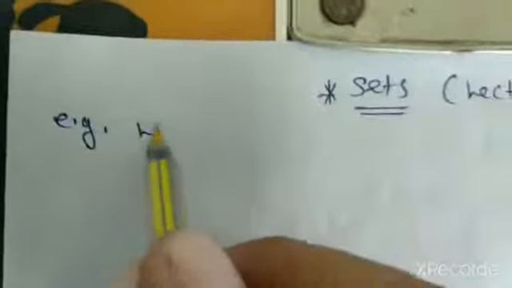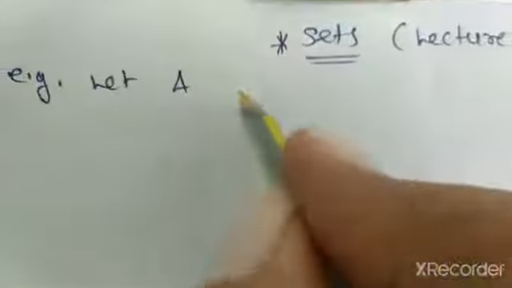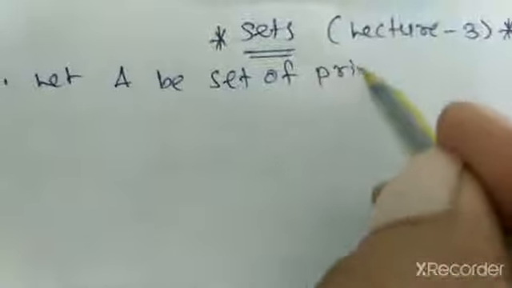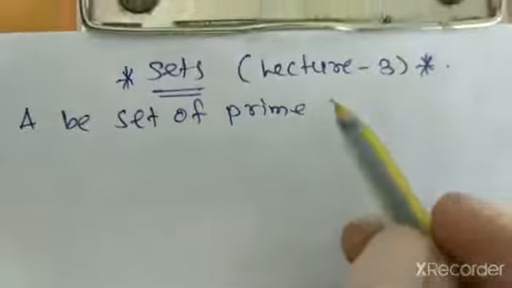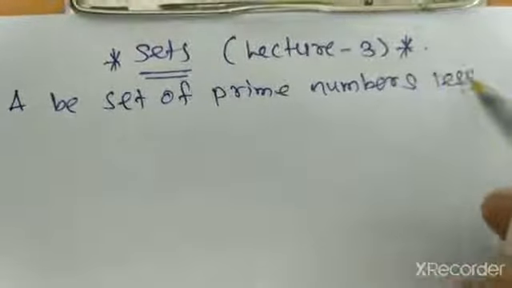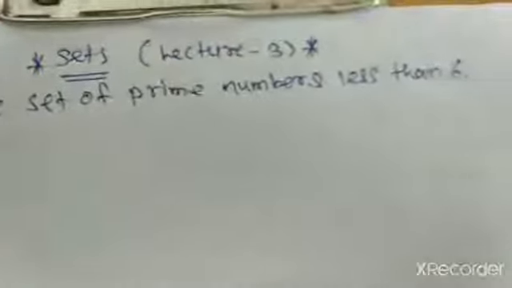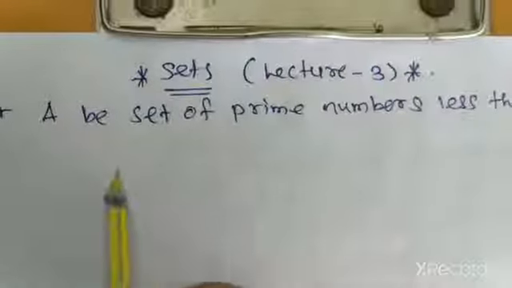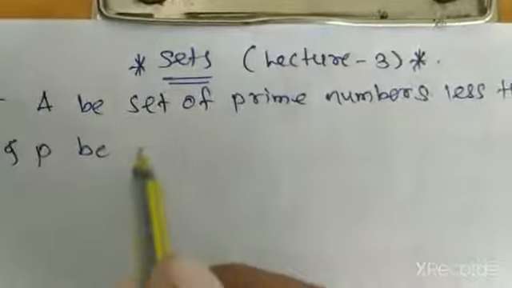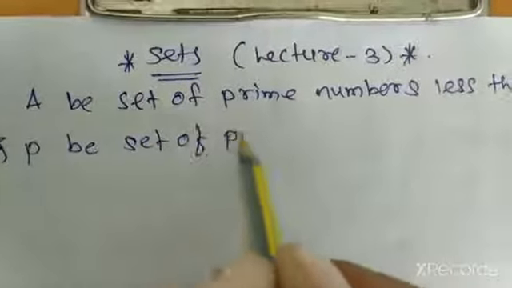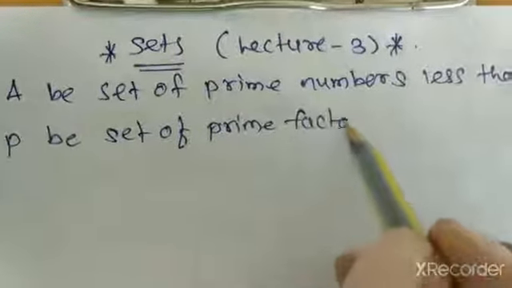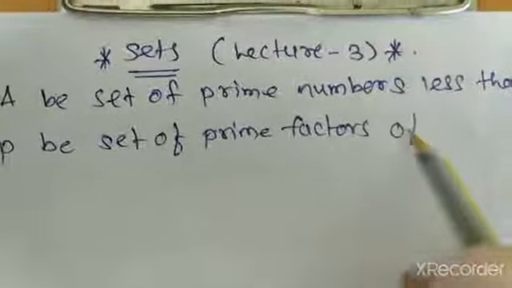Let A be the set of prime numbers less than 6, and let P be the set of prime factors of 30.